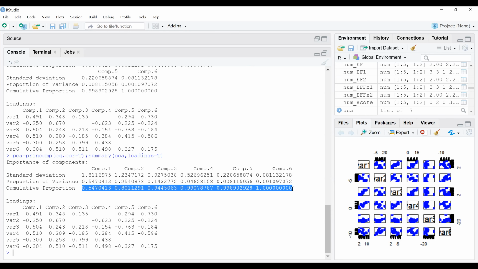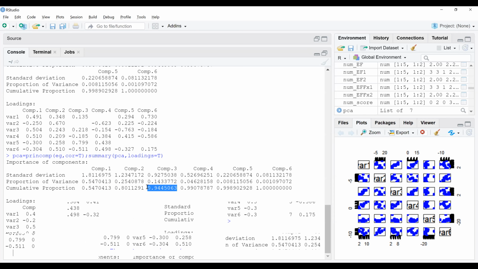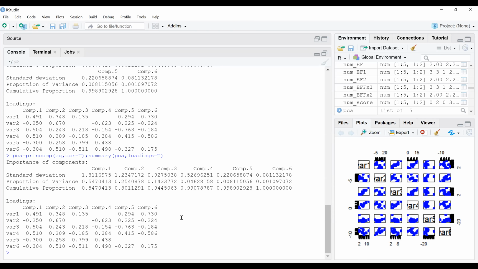You should be able to calculate it because the only way to get the next one is to add the first one to the second one. So when you add the second proportion of variance to the first proportion of variance, that will give you the second cumulative proportion. When you add the third to the second to the first, that will give you the third cumulative proportion. So I'm sure you get a picture.